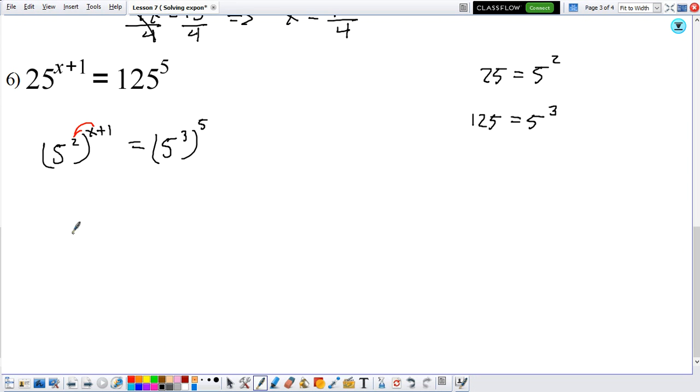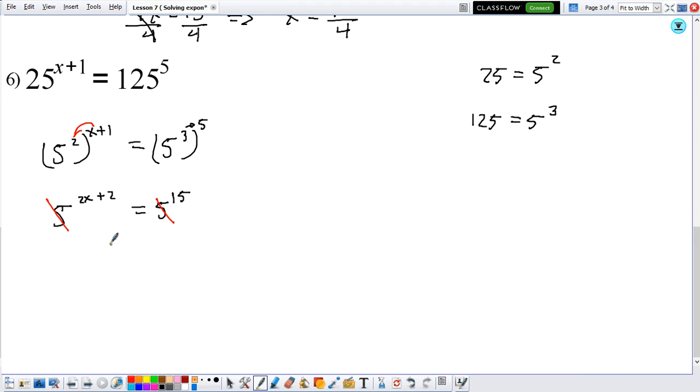So now this becomes 5 to the 2 times x, that's 2x, 2 times 1, that's just 2, plus 5, 3 times 5, that's just 15. So this is what we have now. They have the same base, so we can cancel them out.